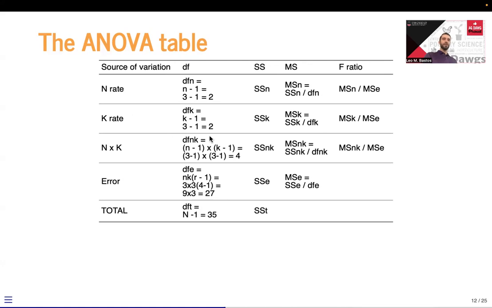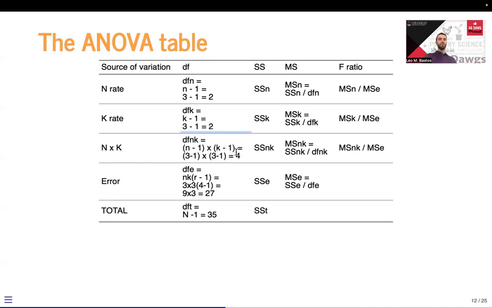Now, the interaction is a little bit different because you multiply that by that. So multiply n-1 times k-1, and then you get 4 degrees of freedom. So here what I'm saying is to calculate the effect of nitrogen rate, I'm using 2 degrees of freedom. So I'm taking up 2 degrees of freedom from the total of 35 to calculate the nitrogen effect. The same for potassium rate.